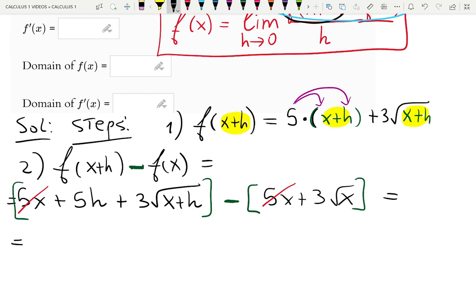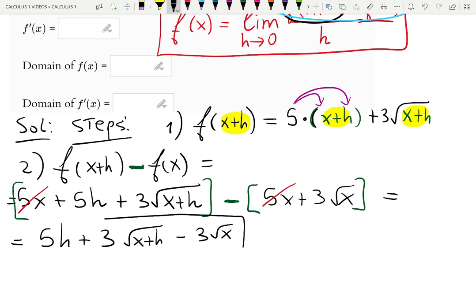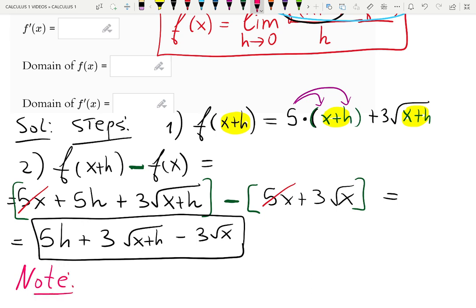So the simplified version will be 5h plus 3 square root of x plus h minus 3 square root of x, like so. You cannot simplify more right now, because I will remind you again, and it is a very important reminder, the square root of x plus h is not the square root of x plus the square root of h.